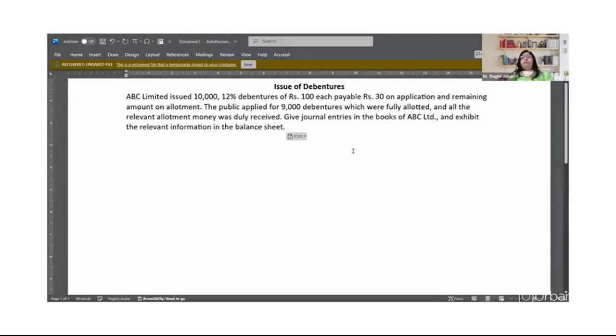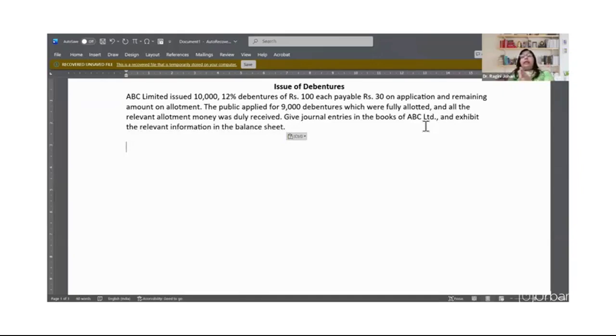So students, let's see this question. ABC Limited issued 10,000 12% debentures of rupees 100 each, payable 30 on application and the remaining amount on allotment. As I told you just now, this is the prerogative of the company. The company can ask its debenture holders to pay the entire amount in one go along with application, or it may fix some installments.